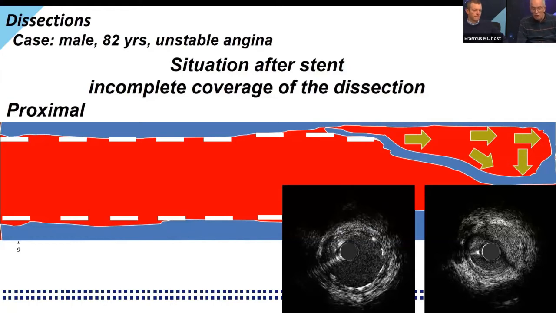Well, you could have avoided this because we have a sort of 4-step PCI guidance. First you go to see what we are dealing with. And if you have to prepare your lesion, then you check again with the IVUS.